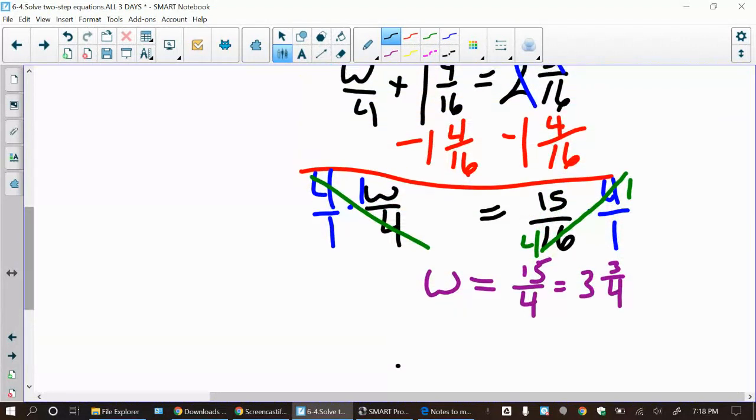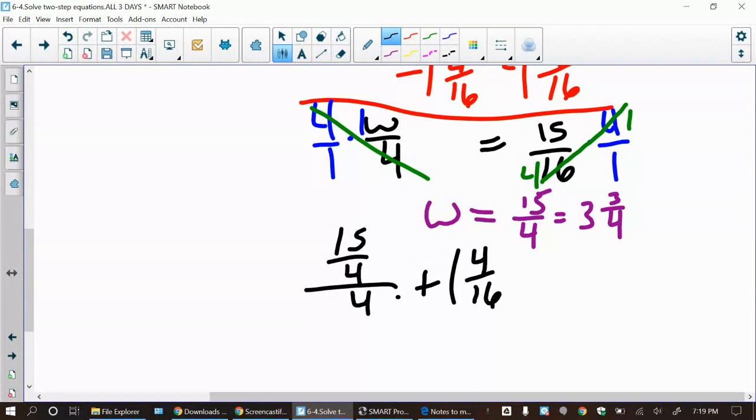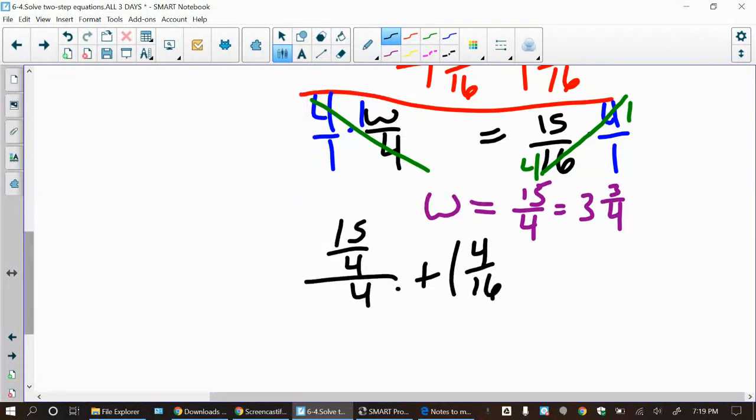So when we check this, we can actually leave it as the 15/4 because it's 15/4 divided by 4 plus the 1 4/16. And is that going to equal our 2 3/16?